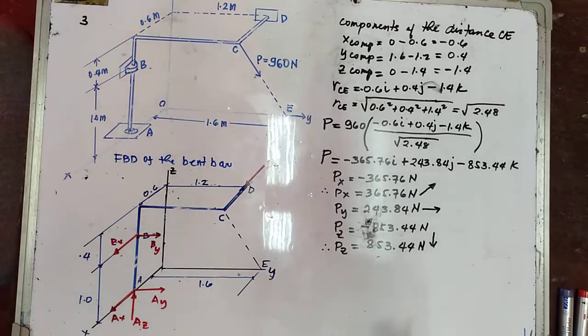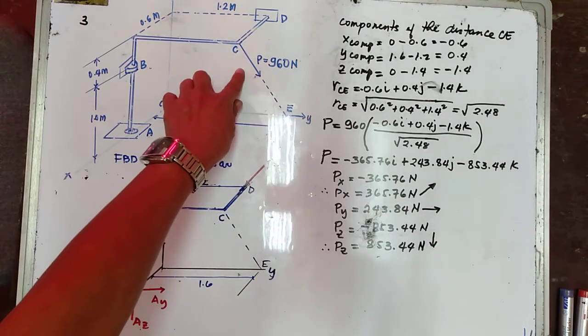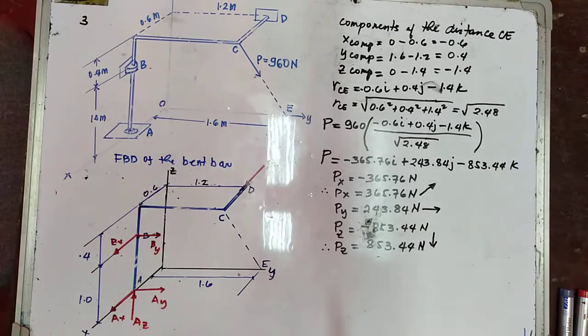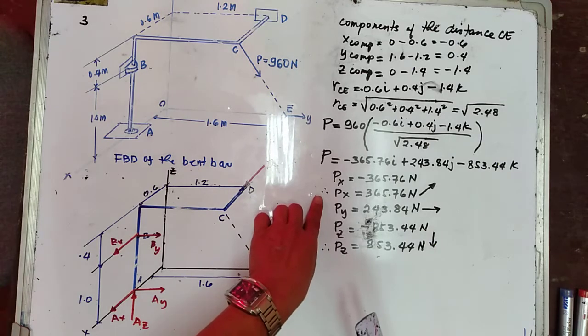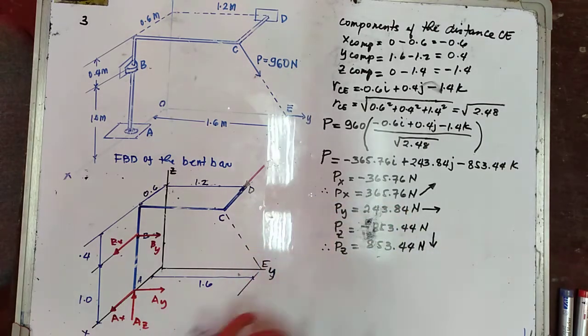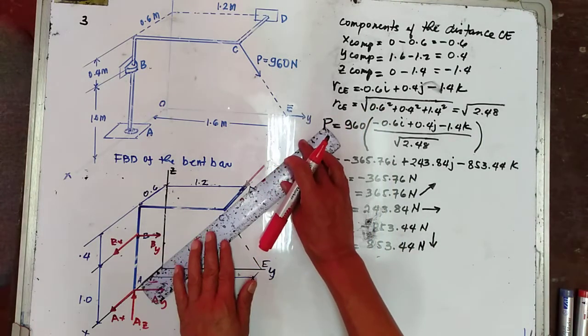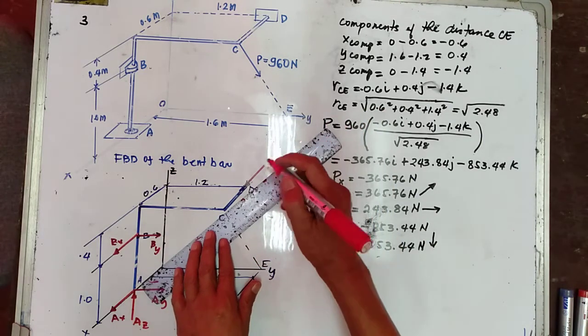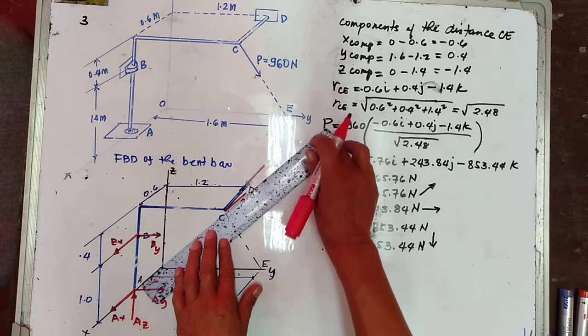Now, your P, let us try to resolve your P equal to 960 into the X, Y, and Z components. So we have the X component is 365.76, and that is backward. Okay, so it's parallel to the x-axis. So this is now your px.